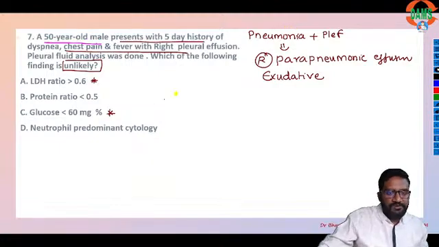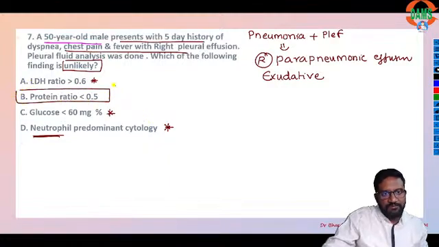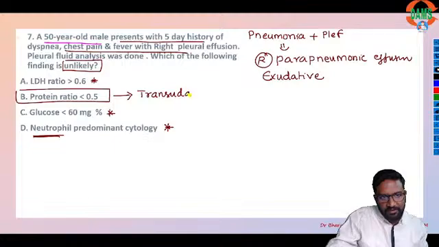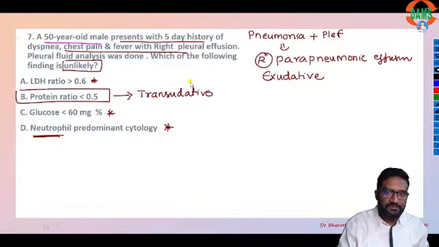Then this is an infective effusion, the neutrophils can be elevated. But protein ratio will be more than 0.5. Less than 0.5 is transudative range. Because this is an infective effusion, you expect it to be exudative.